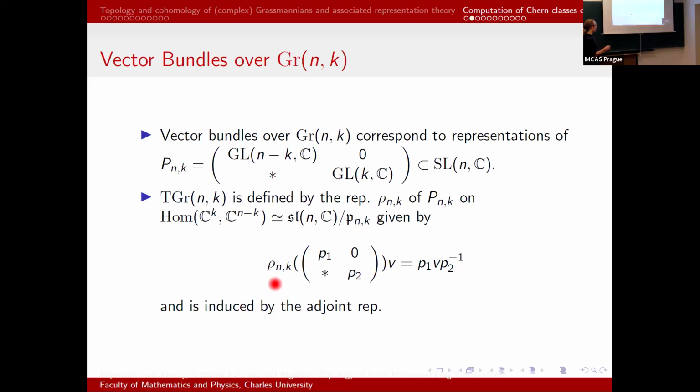Matrix-wise, the representation rho nk is defined like this. It takes the two diagonal blocks and conjugates the N minus K times K matrix B. And so it is induced by the adjoint representation of SLN restricted to Pnk on this quotient.